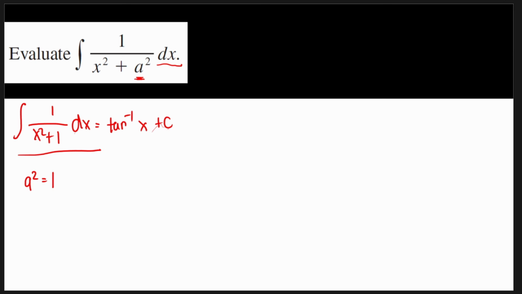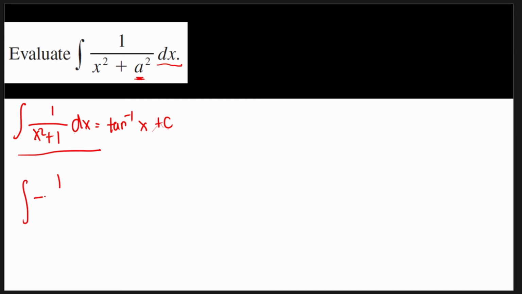So what we do now is we need to have an equivalent of 1 and a squared here. So we extract the a squared, our constant.